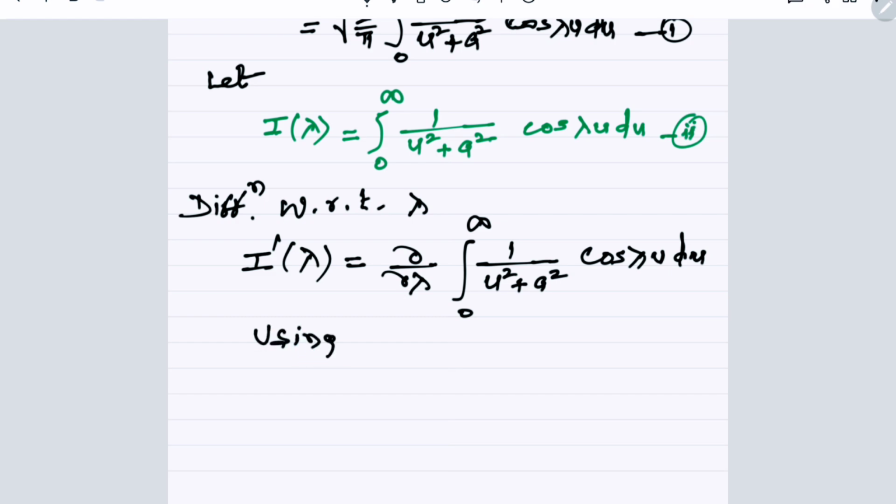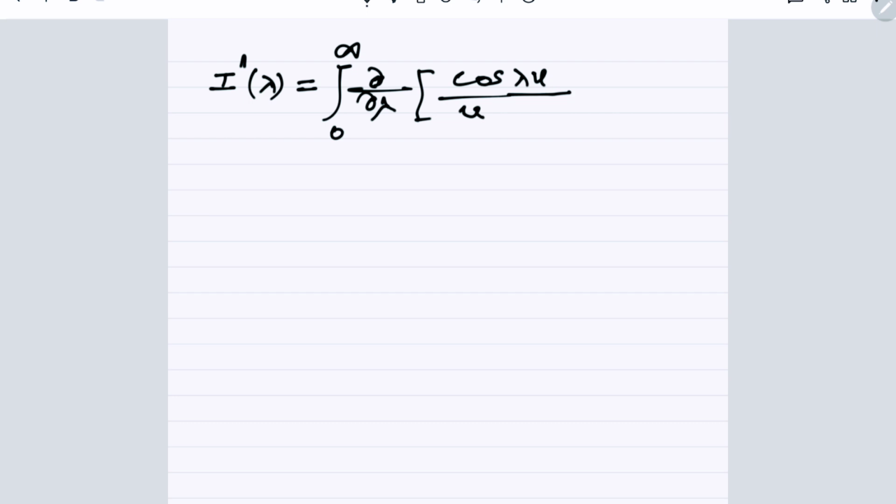Then using differentiation under integral sign technique, that is DUIS technique, we can interchange those two operators. Therefore we get the value of I dash of lambda as integration from 0 to infinity dou by dou lambda of cos lambda u divided by u square plus a square with respect to u.